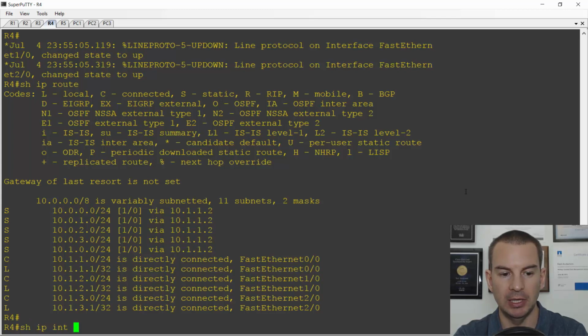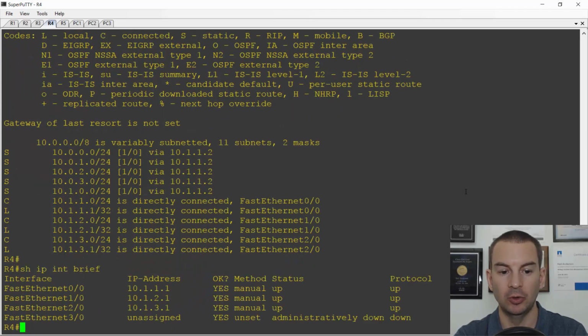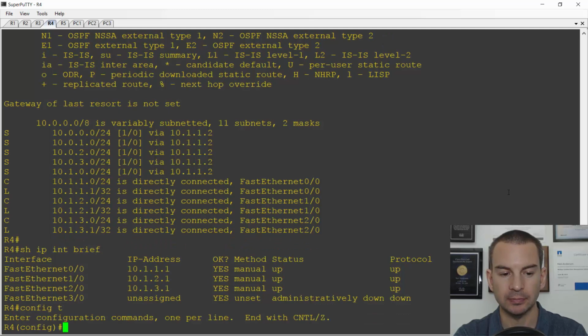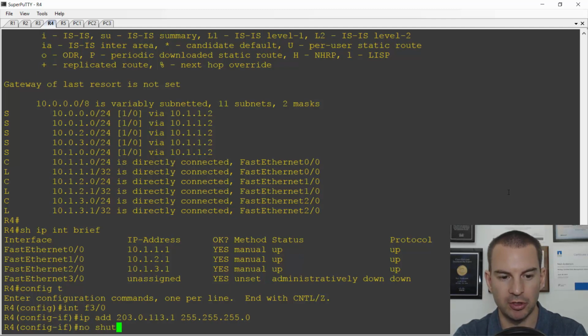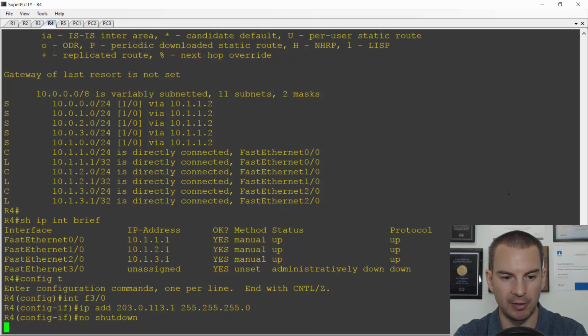If I do a show IP interface brief, you see I don't have that internet interface configured yet. So I'll go to global configuration, and then it was interface fast 3/0, and the IP address is 203.0.113.1, and we'll use the normal /24 for our lab example, and remember to do a no shutdown on the interface.